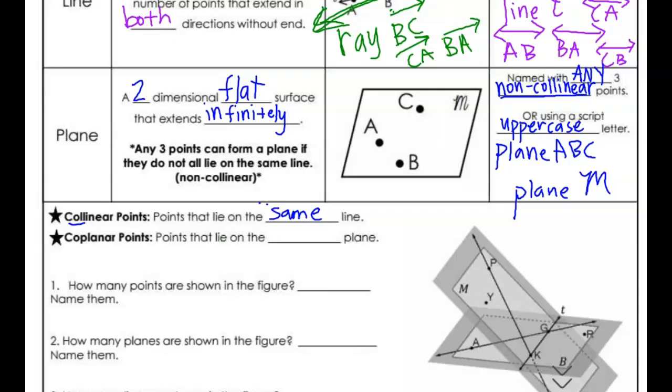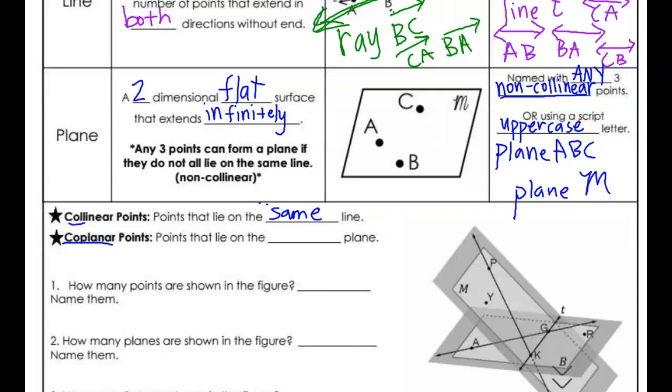What about me, Alejandro, and Sarah? Are we on the same line? No, we're non-collinear. We're on different lines, okay? What about Camille, Edgar, and Christina? Are they collinear? No, they're on different lines. What about Julissa and Karen? Are they collinear? Yes, they are. Okay. All right.